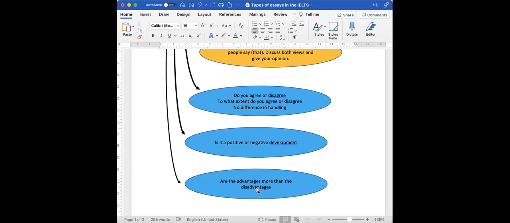Now see, if there is a statement and they ask, are the advantages more than the disadvantages? Can you go one-sided? You will say either advantages are more than disadvantages, or disadvantages are more than advantages. In any case you have to write both. But in these two essays you can go one-sided. And when you are going two-sided in any of these three essays, the handling is absolutely the same. There is no difference.